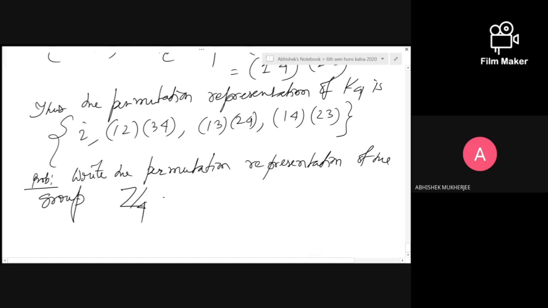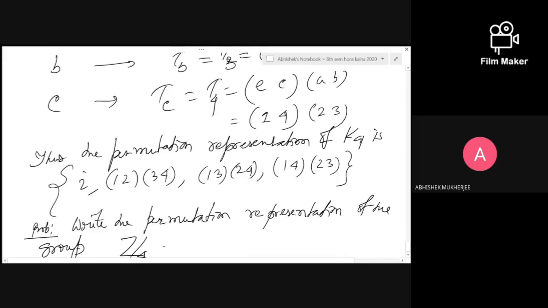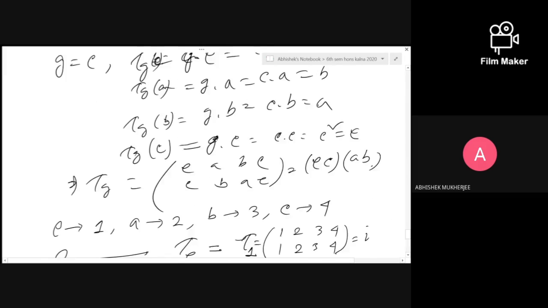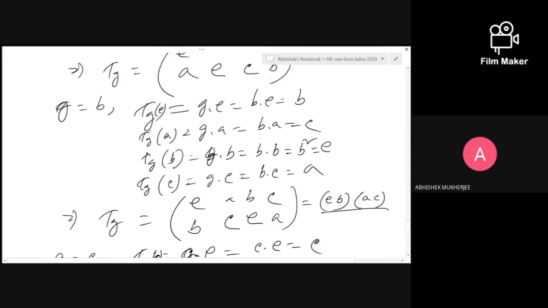It is also a group of order 4. It is a cyclic group of order 4, Z4. So you need to represent it in S4, as we have done for the Klein-4 group in this procedure. Okay.